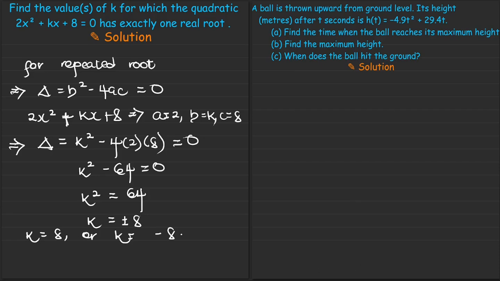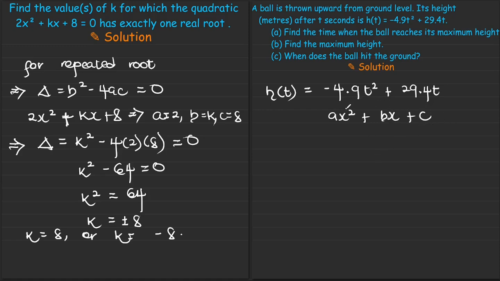This is a very practical question that applies all that we've done so far. For what we have here, its height h is a function of time, and it is equal to negative 4.9 t squared plus 29.4 t. Now, the question you should ask yourself is, is this a quadratic? For quadratic, we know the function is given as ax squared plus bx plus c.